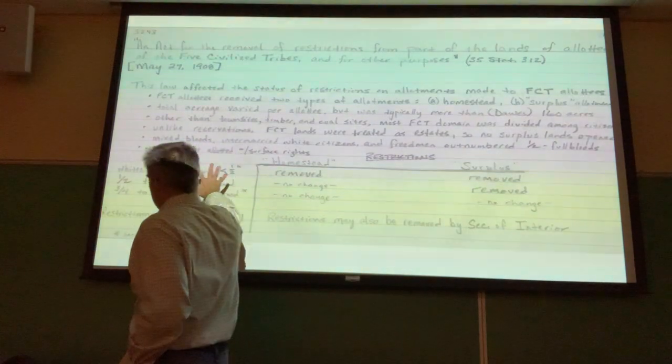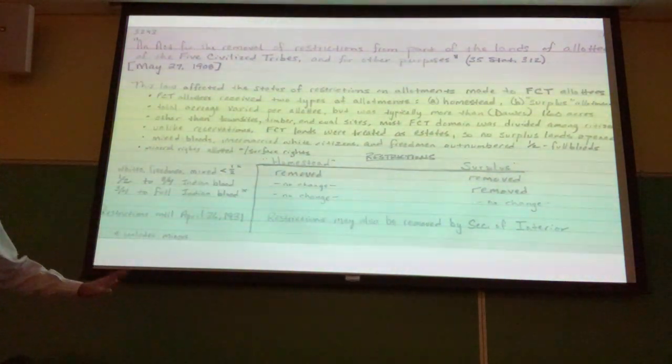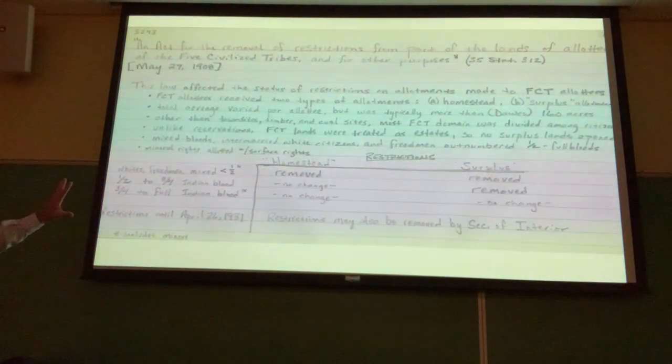All right, now the Burke Act was very much based on ideas of race and so-called blood quantum.